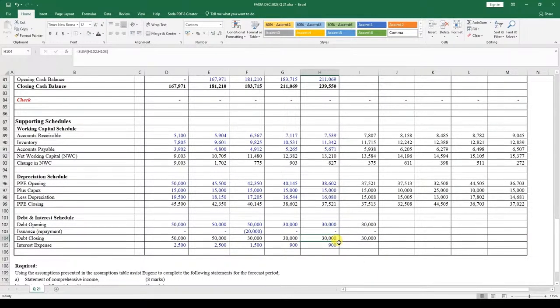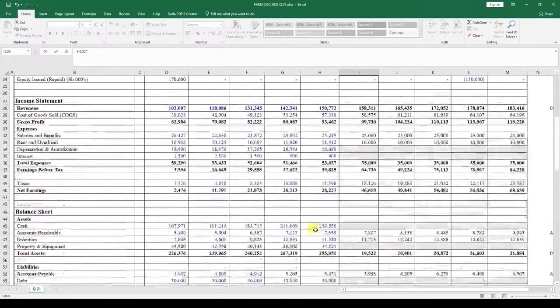We wait for the plus sign that looks black like that, which is over here, and then we drag it. We just drag it moving towards the right. How do you get the interest expense? The interest expense is based on the opening value times interest on the assumptions section.